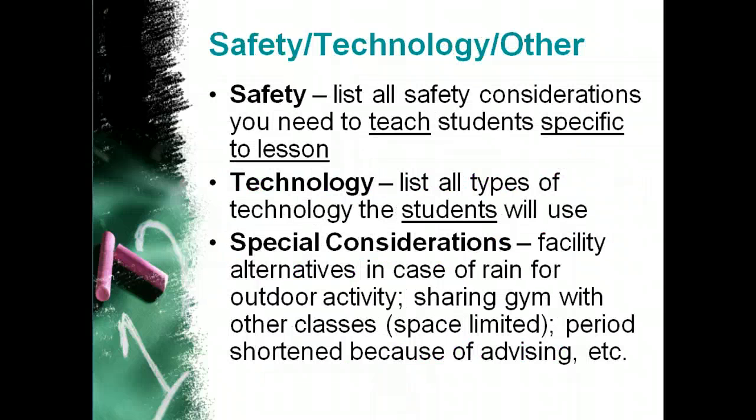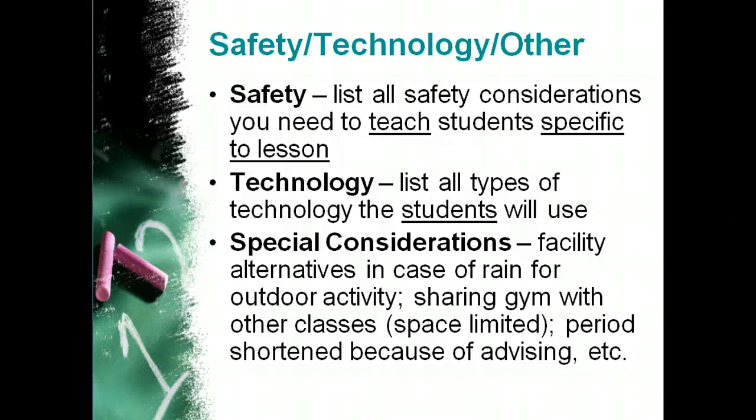There is a specific section on the Winthrop lesson plan that's listed as safety, technology, or special considerations. Safety means that you need to list all of the safety considerations that you need to teach the students that are specific to the lesson. You don't have to write on every single lesson that they need to wear tennis shoes to keep their feet safe and avoid injury.